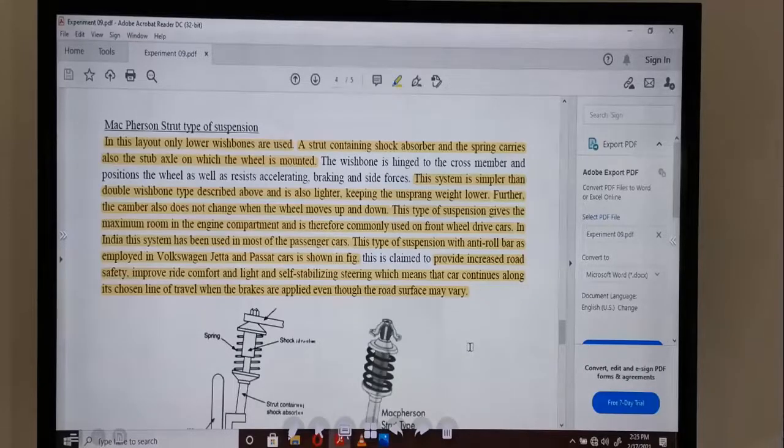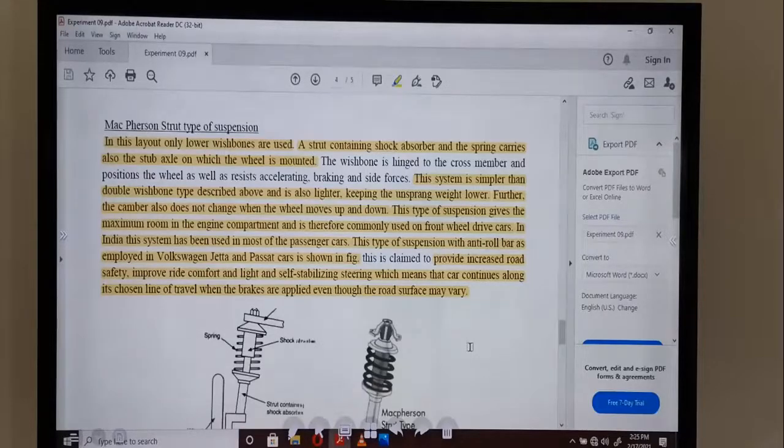Unlike the Wishbone suspension, these parts take minimum space, because there is a smaller amount or size of parts. So here there is enough space in the front where the engine is placed.